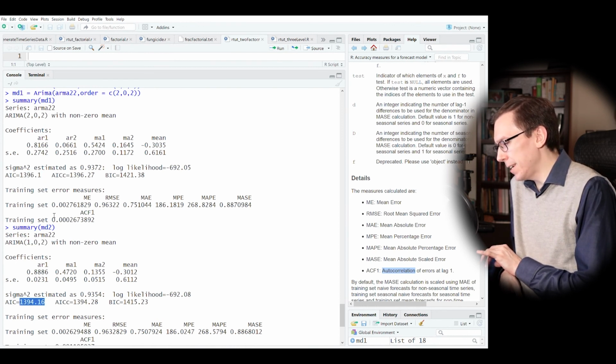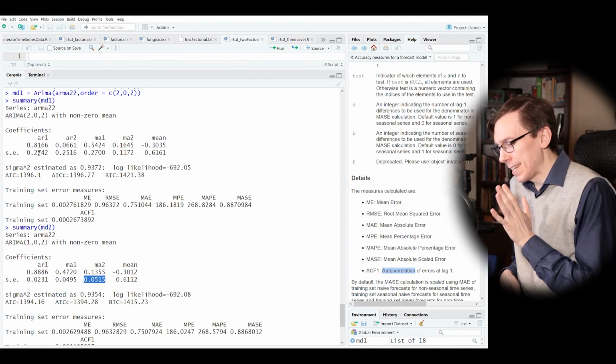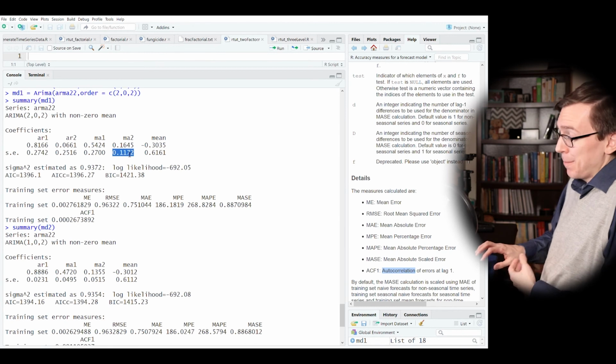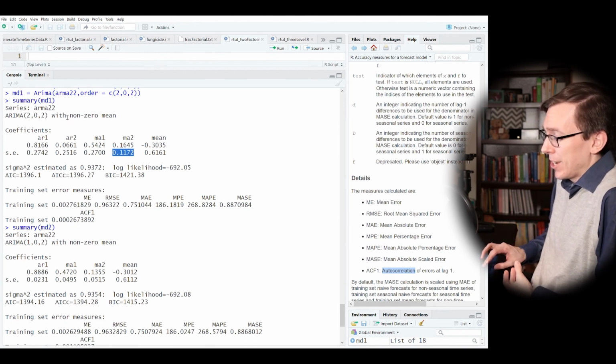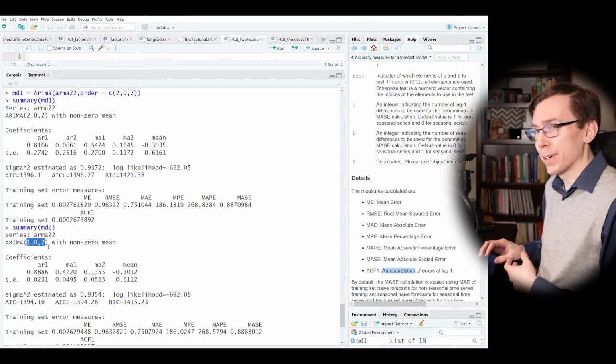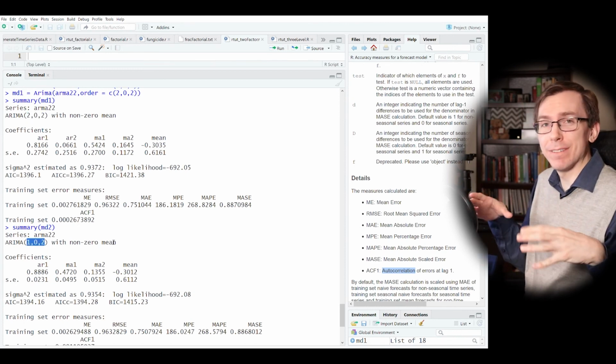We also notice here that the standard errors for my coefficients in the ARMA 1,2 are smaller, and by better I mean smaller, than the standard errors in this model above. So even though I know I generated the data as an ARMA 2,2 model, it seems that the ARMA 1,2 better fits this finite sample of data.